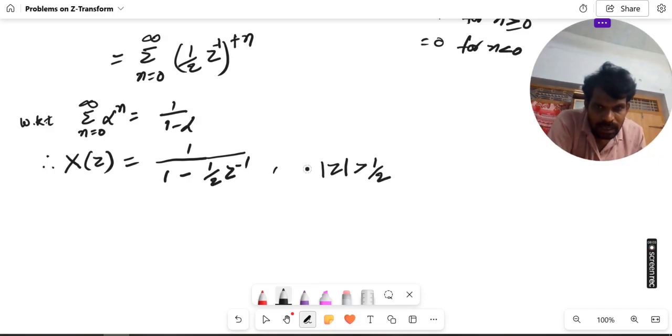Why? Because the denominator value should not be 0.